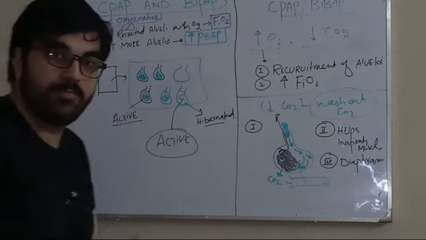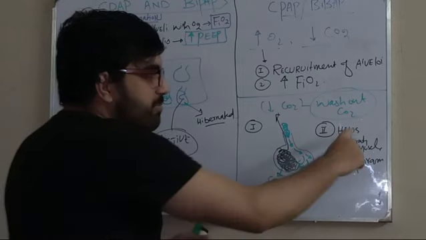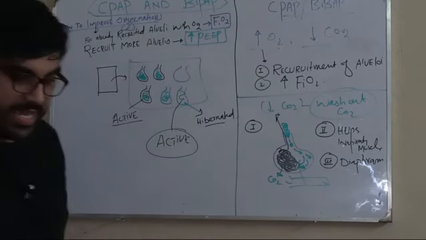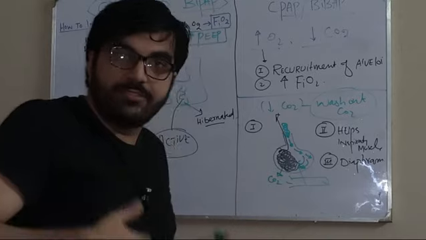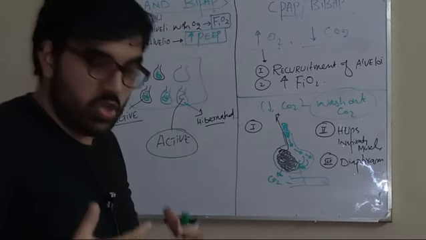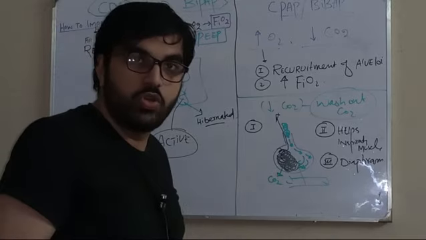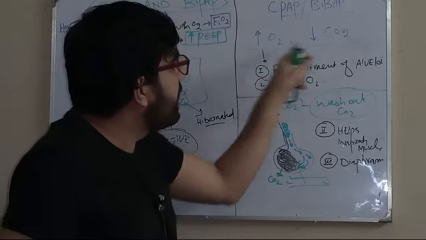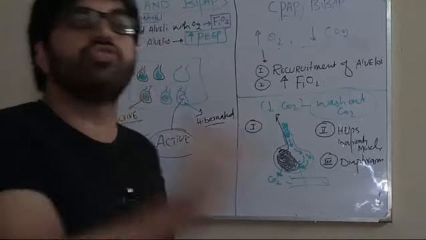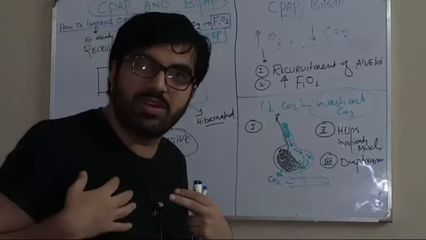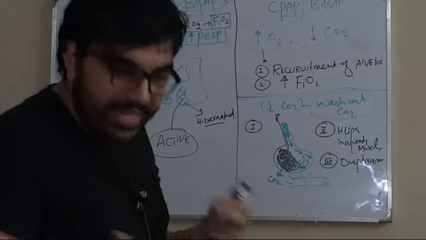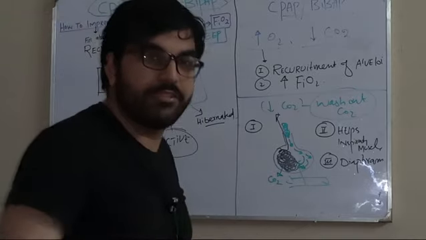Point number one. Point number two, it helps the inspiratory muscles. It takes over the effort of the patient, who was making effort to increase the oxygen and to wash out the CO2. So the inspiratory muscles were also fatigued, and it takes all those efforts.